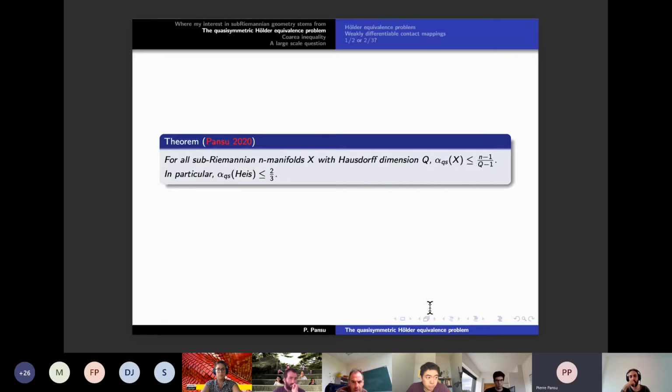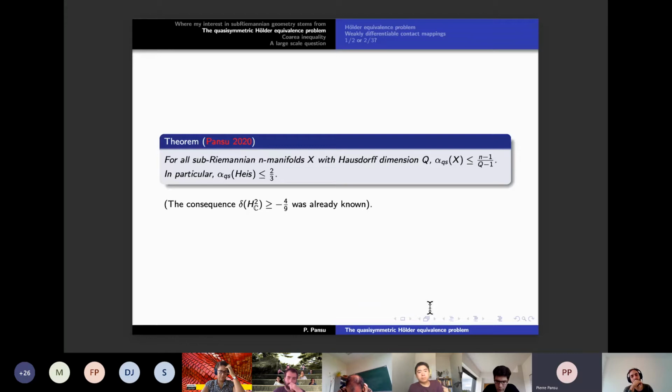So this implies a lower bound on the optimal pinching for a complex hyperbolic plane, since its boundary is quasi-symmetric to the Heisenberg group. And the lower bound we get is not -1/4, it's minus the square of 2/3. So it's not a scoop.